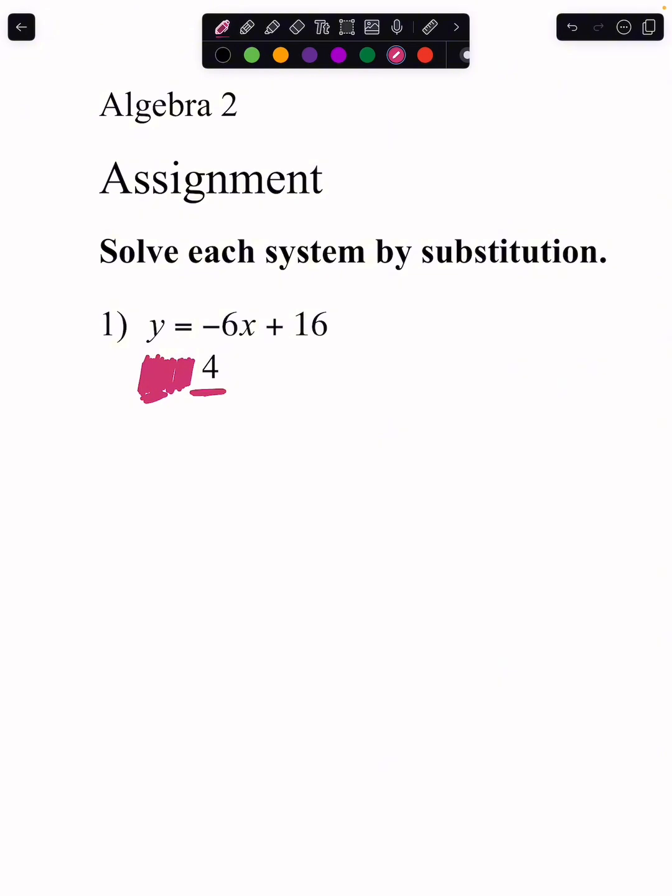Where did you go? 4 has to go here to take Y's place because Y went out of town. So 4 had to go up there and substitute in for Y, because if Y is 4 and Y is right here, that means that's also 4.